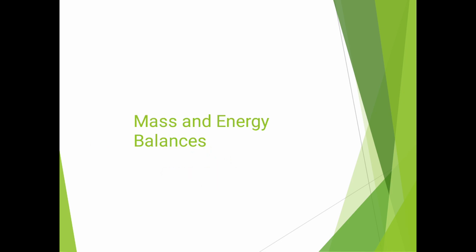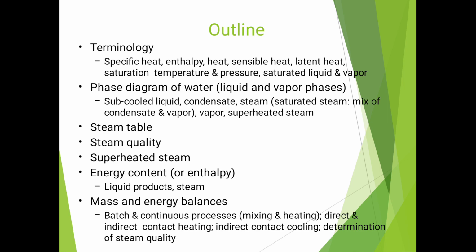Next, mass and energy balances. So the outline is the terminology: the specific heat, enthalpy, heat, sensible heat, latent heat, saturation temperature and pressure, saturated liquid and vapor. Phase diagram of water, that is liquid and vapor phases.